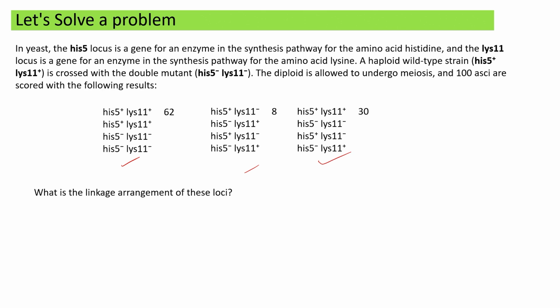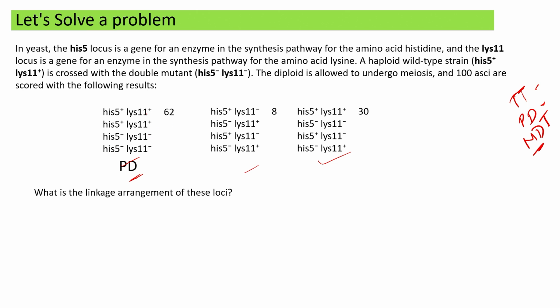The first thing that you need to know is what type they are, like tetrad type, parental ditype or non-parental ditype. This is important for you to identify, so that only you will be able to understand the linkage arrangement. So you can clearly see that this is a parental ditype. Why?